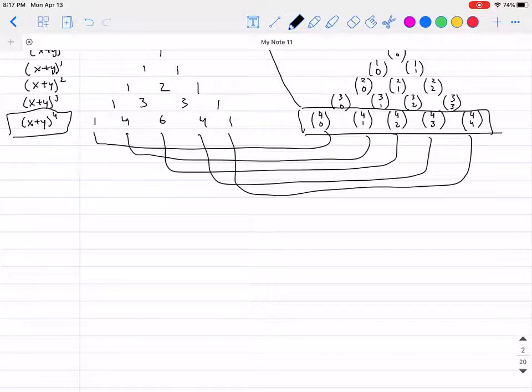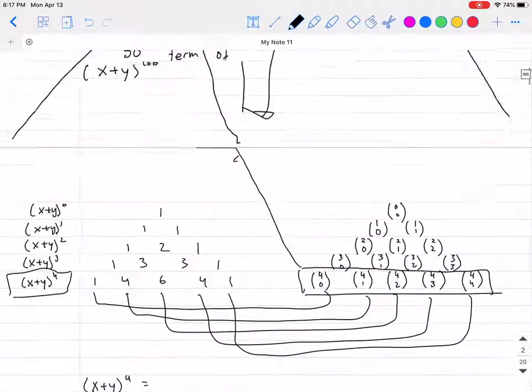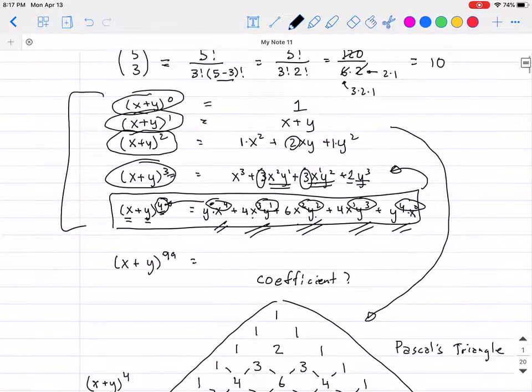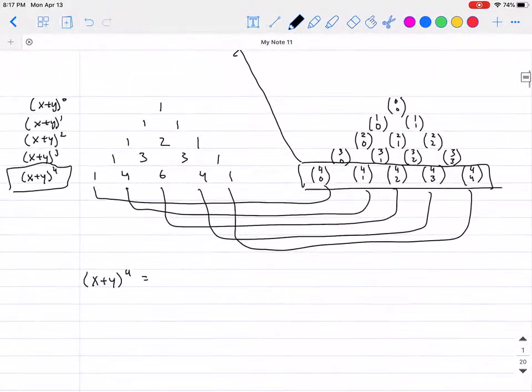Let me write out x plus y raised to the fourth as an expansion using these binomial expansions, okay? Now, x plus y raised to the fourth power, according to what I wrote from the very top, is equal to the following.